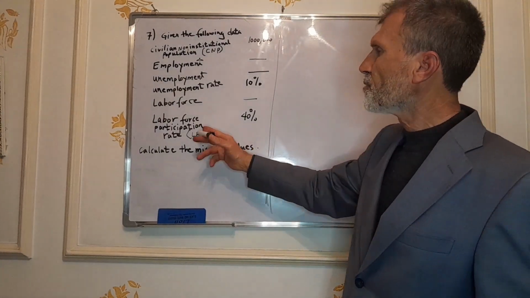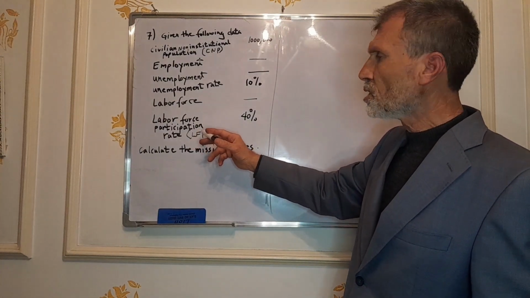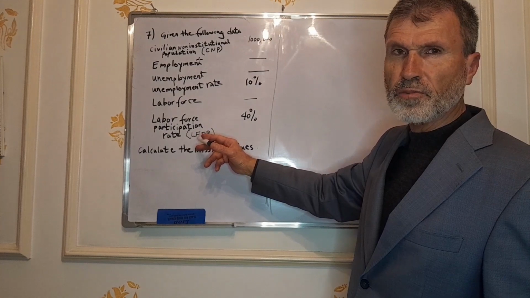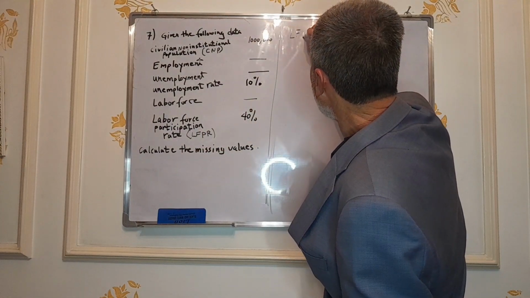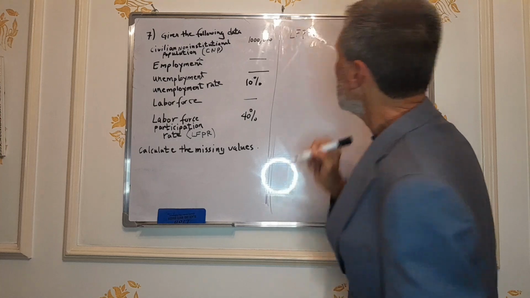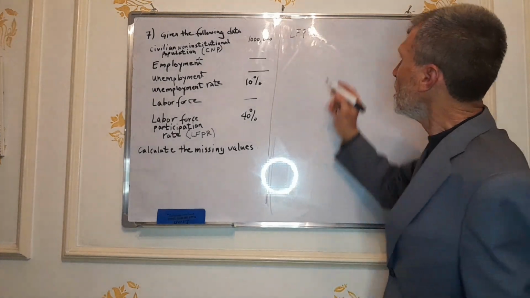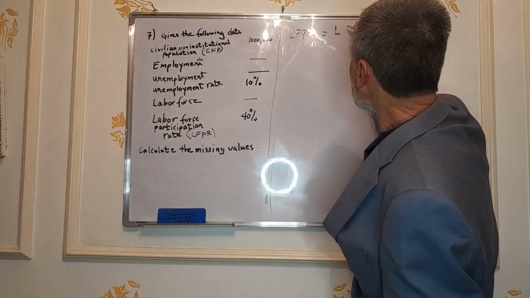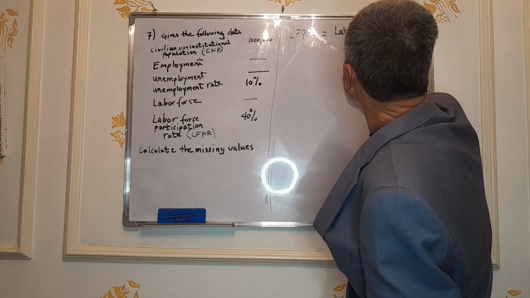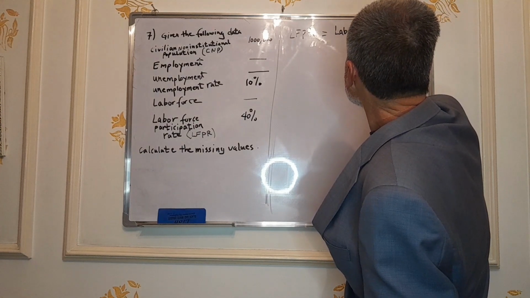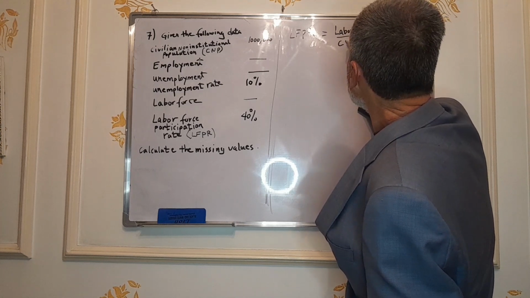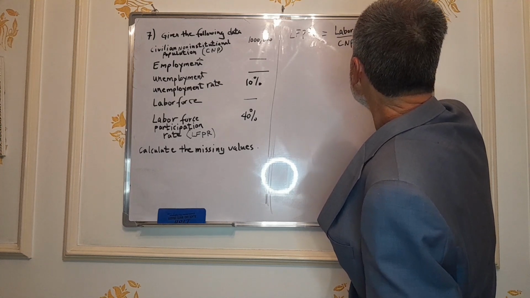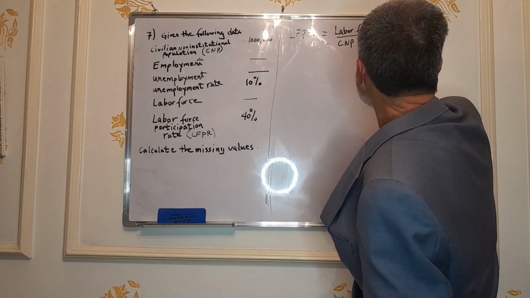Since the labor force participation rate is given, I can start with it. I know that the labor force participation rate, LFPR, is equal to labor force over civilian non-institutional population times 100.